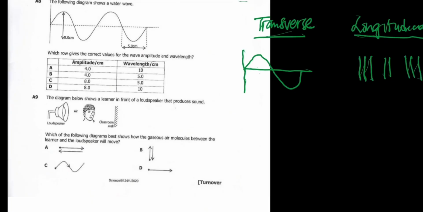Now, what is happening is that this is the resting position of a wave. So this is 0. Now, the maximum displacement of a wave from its resting position, notice that this is the maximum displacement. That is what we call the amplitude.